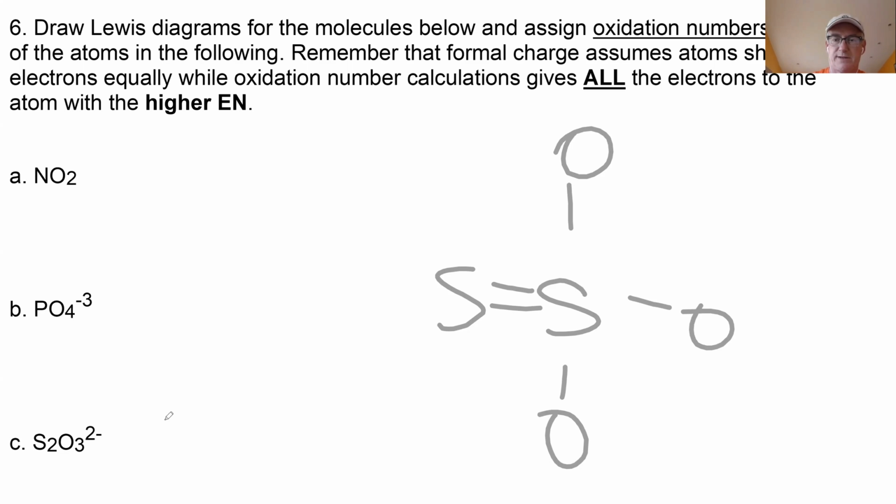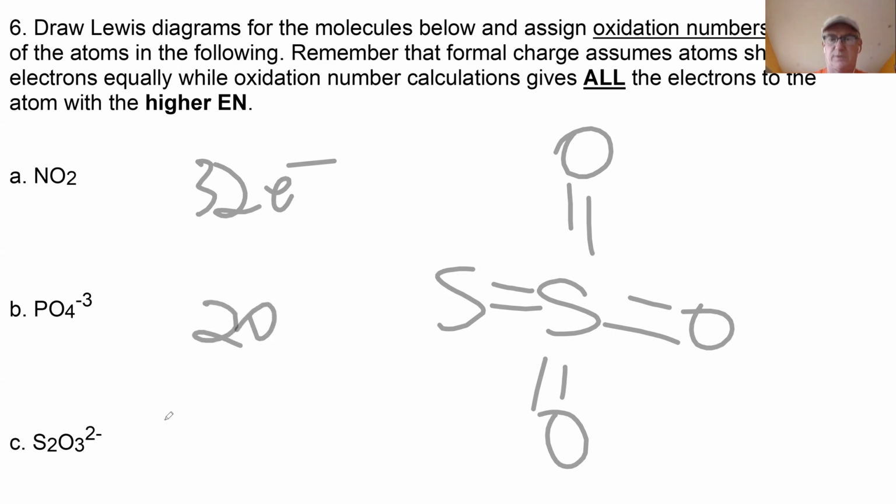So just do it like this. Correct. Okay, so how many electrons was it? 32. So that leaves us with 20. And so we go 1, 2, 3, 4, 5, 6, 7, 8, 9, 10, 11, 12, 13, 14, 15, 16.